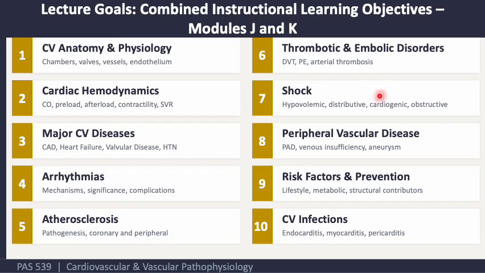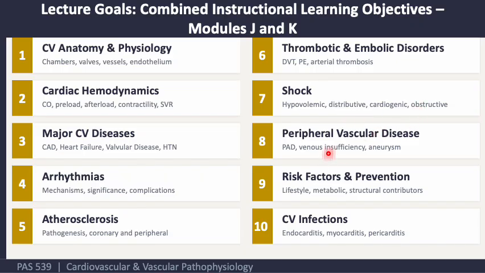We'll then briefly touch on thrombotic and embolic disorders such as DVTs and PEs. We'll discuss the 4 types of shock: hypovolemic, distributive, cardiogenic, and obstructive.